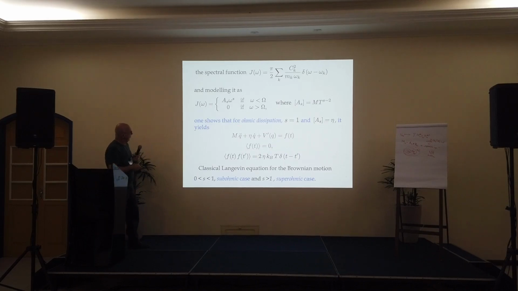Now, if we say that S is equal to 1, and this A is given by eta, we have exactly what I need. That's the Langevin equation, and the average is 0, and if I compute that using the fluctuation-dissipation theorem, I can write that as a white noise.